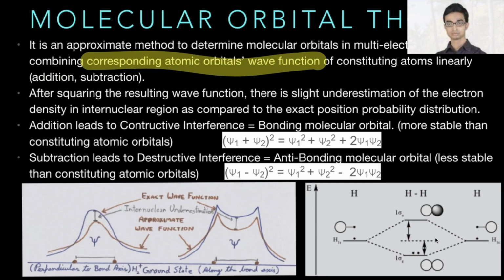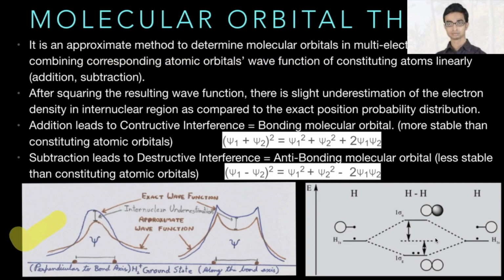This method was tested against exact solutions of the hydrogen molecule ion and then extrapolated to other systems. However, after squaring the resulting wave function, there is a slight underestimation of the electron density in the internuclear region. Hence, it is aptly called an approximate approach.